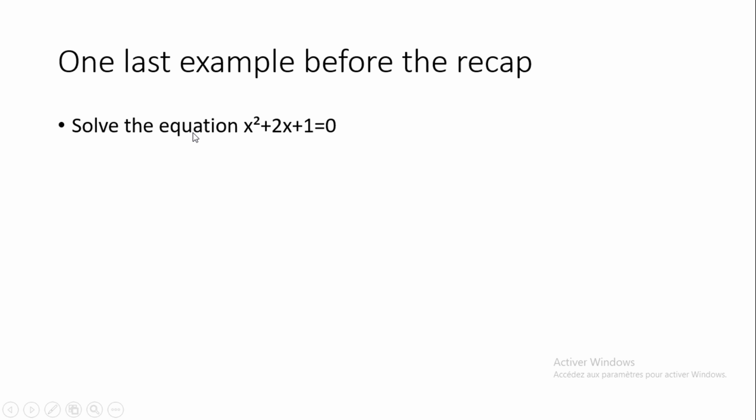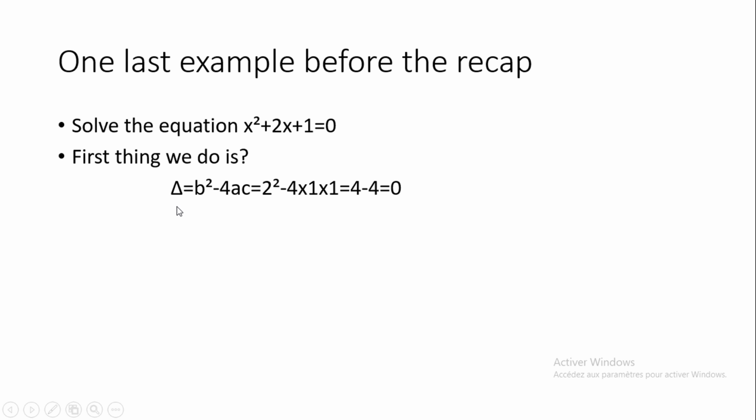Now we try to solve the equation x squared plus 2x plus 1 equals 0. First thing we do, we calculate delta. Usually the first thing we do is write a, b, and c. Once you're used to it, you don't have to write them anymore. We move to calculating delta, which is b squared minus 4ac.